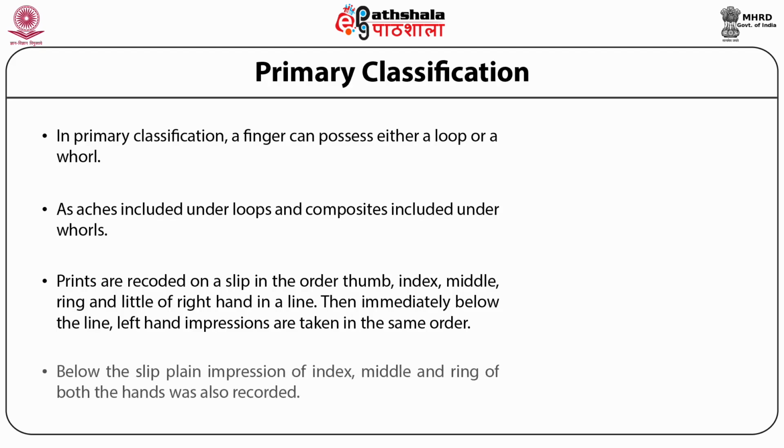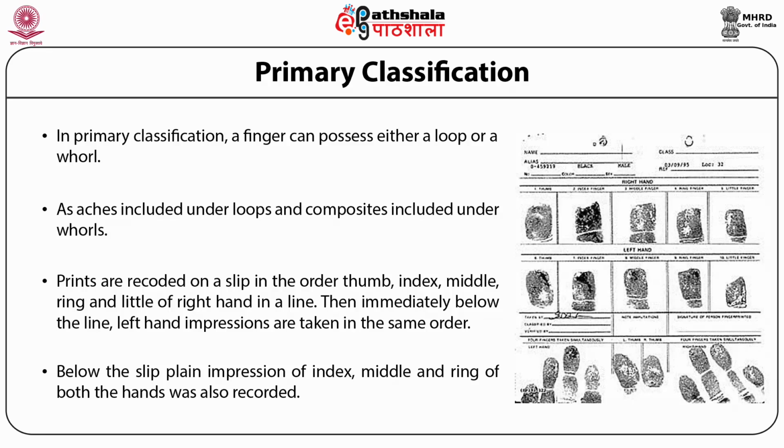Then, at the bottom of the slip, plain impression of index, middle and ring fingers of both hands are also recorded. For correct classification, it is essential that the finger should be printed in correct sequence. The diagram is depicting the method of taking fingerprints.